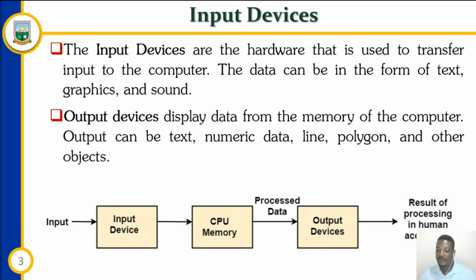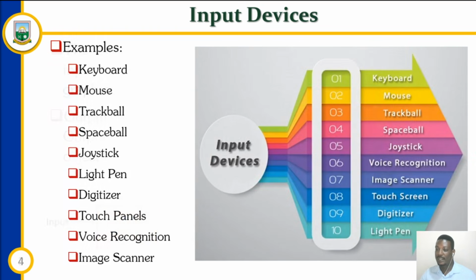Now, with that said, we have a whole lot of input devices, and these are some of them. We have the keyboard, the mouse, the trackball, spaceball, joystick, through to image scanner. There are lots of them. Now, the keyboard, as you already know, is one of the most used input devices.